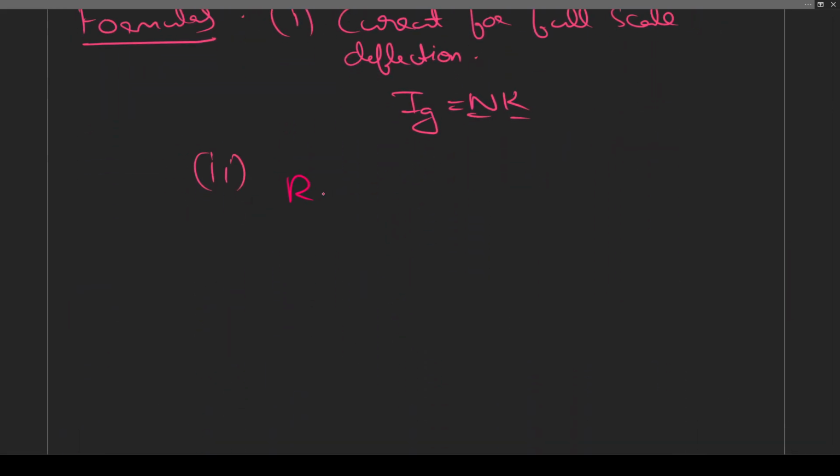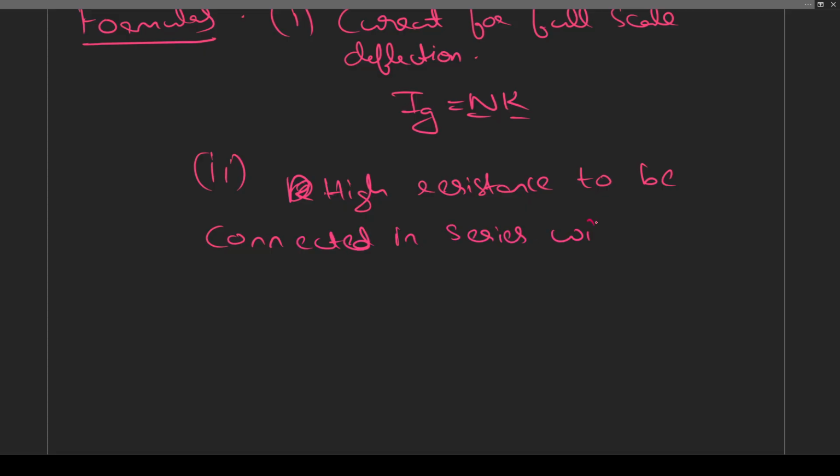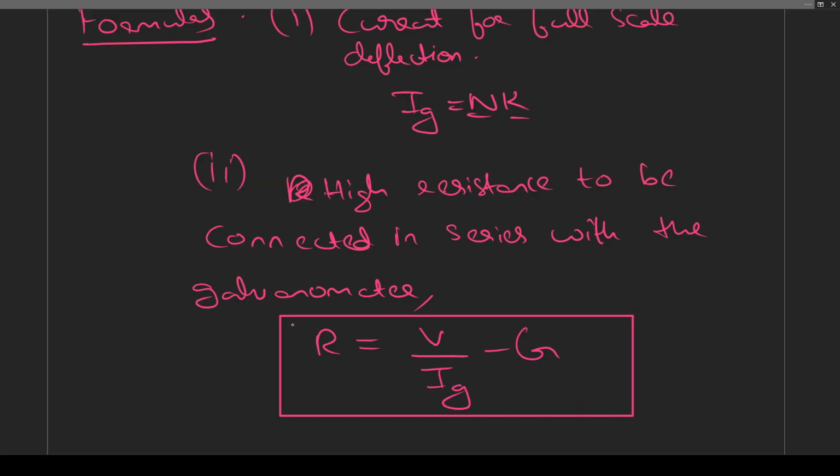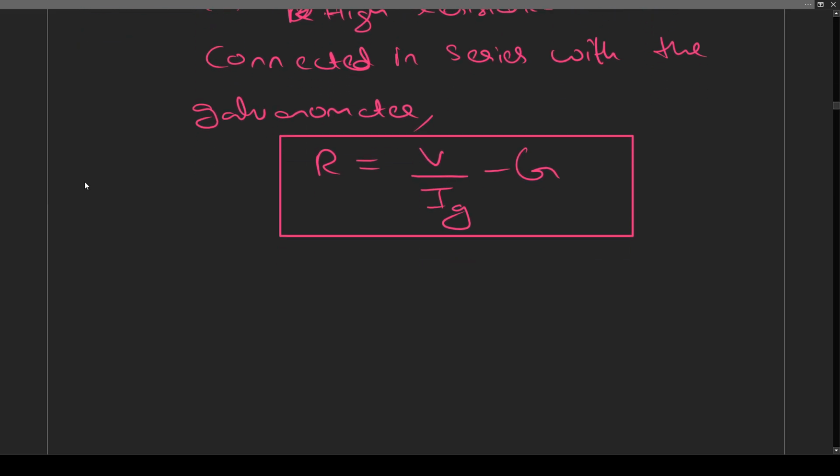Let's write the high resistance to be connected in series with the galvanometer: R, which is equal to V by Ig minus G. Okay, this is the formula.